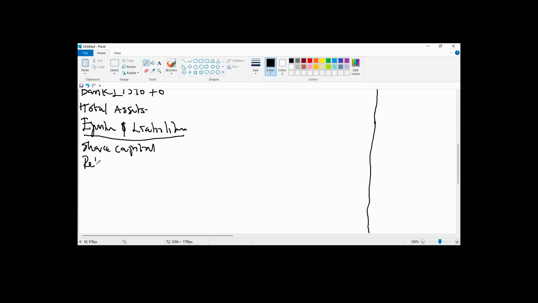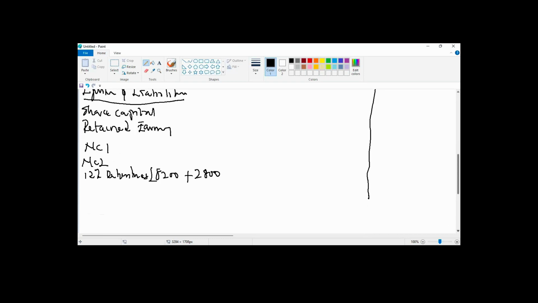Non-current liabilities: 12% pension, 82 plus 28, dividends, 39.